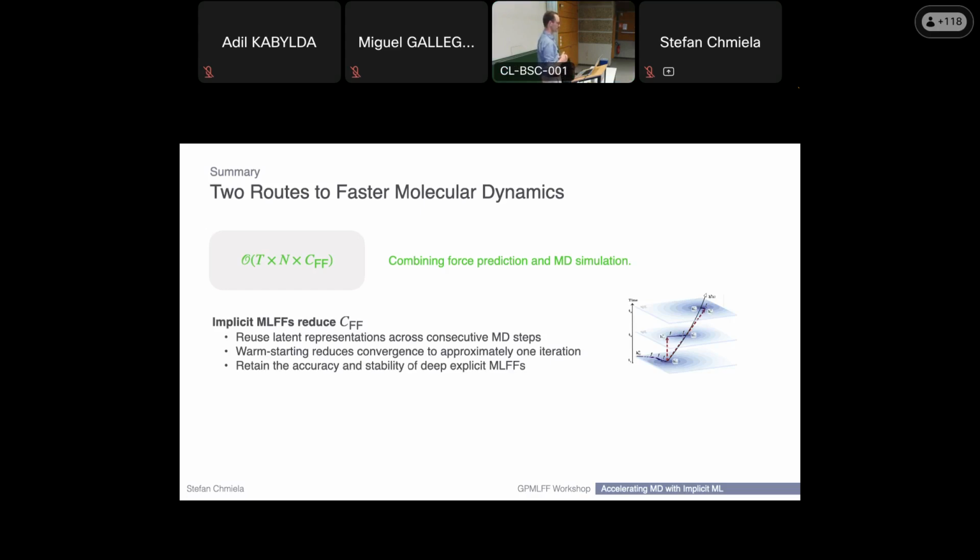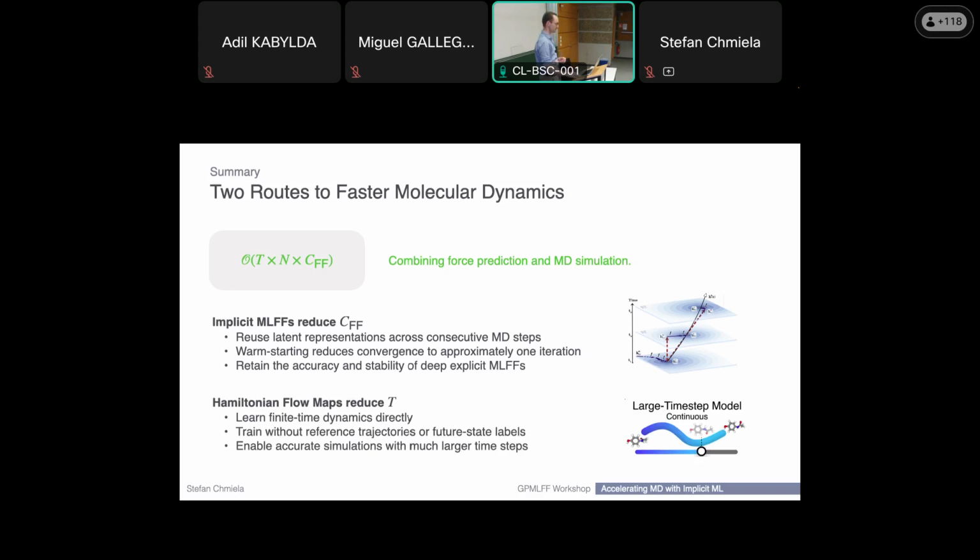And the first approach was to reduce the prefactor of the machine learning force field by reusing latent representation along the trajectory. And we did this by warm starting our implicit models. And we discovered that using this approach, we can actually retain the accuracy and stability of existing deep explicit machine learning force fields, but still, at least in the context of a simulation, reduce the complexity.